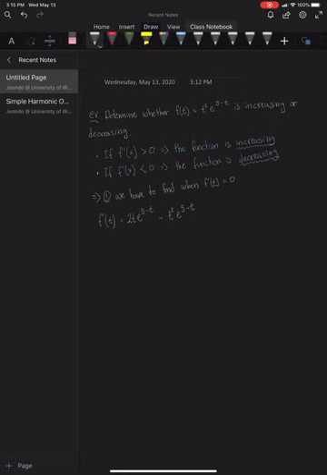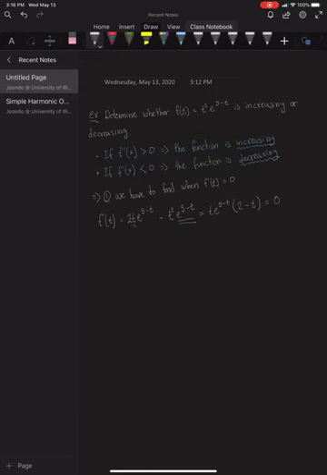And if we factor this out, we can factor our t out, right? So we get t e to the 5 minus t times 2 minus t equals 0.